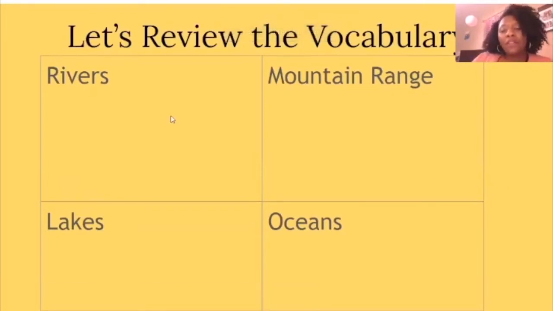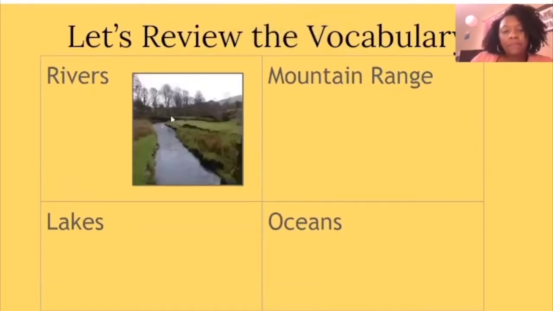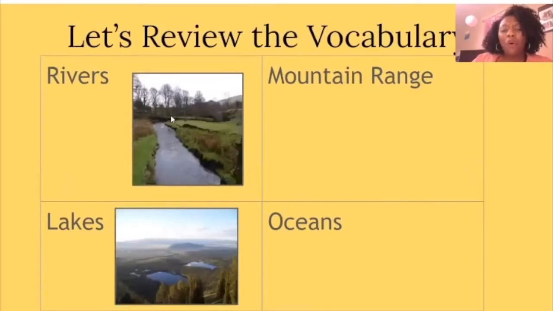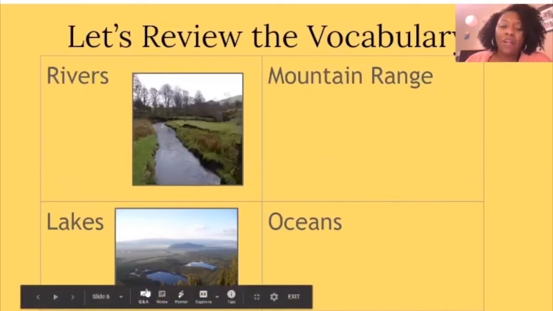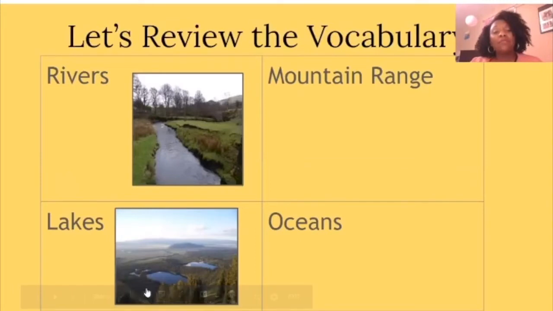I heard rivers. Rivers are bodies of water that come from a source and they empty out into another larger body of water. And I also heard a definition for lakes. Now, a lake is a body of water that's surrounded on all sides by land, different than an island, right?